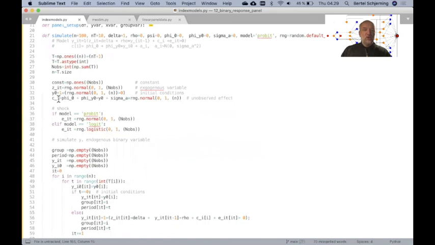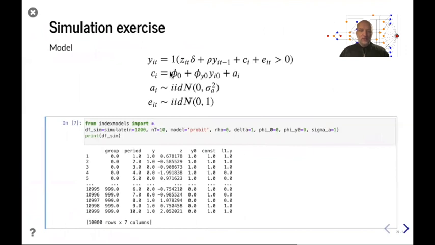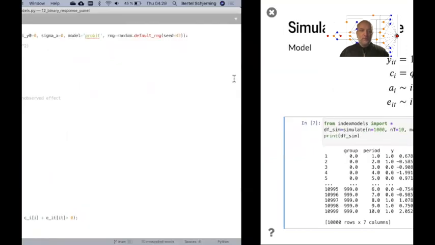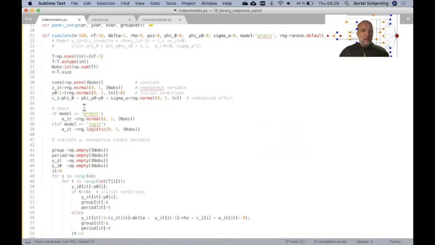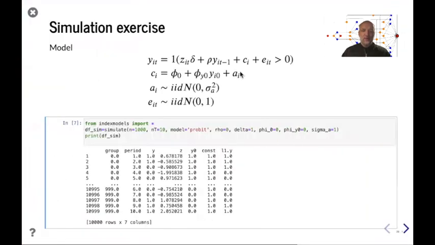And then we calculate the unobserved effect CI as a function of those, just like we had on the slide, so this is this equation here. And then this last part here, that's the alpha I. So it's a normally distributed variable with variance sigma A squared. That's this guy here at the end that has this distribution.